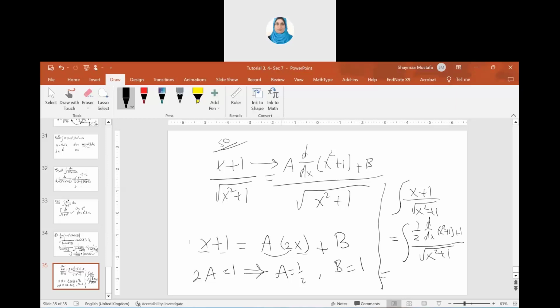Now you can separate the integration: the first part, plus 1 over the square root of x squared plus 1. This one by substitution, and this one is sine inverse x.